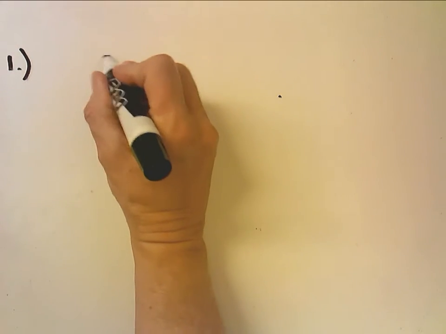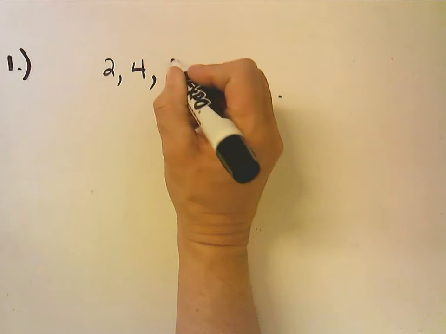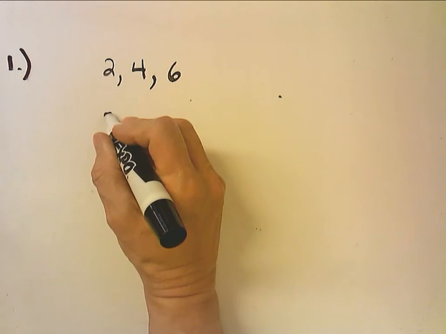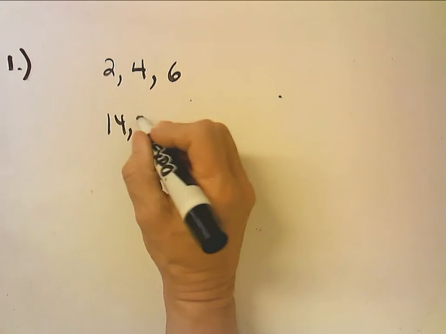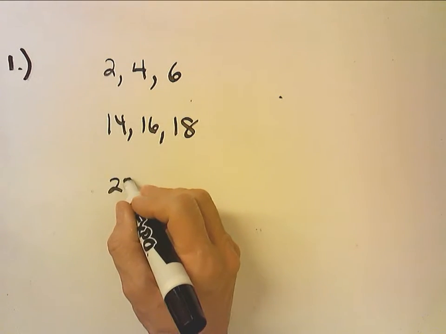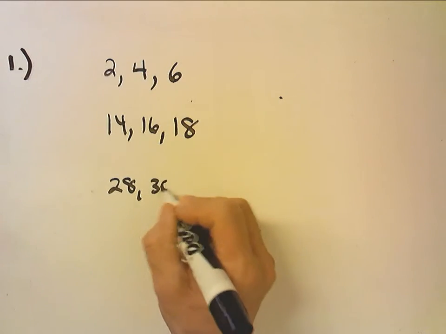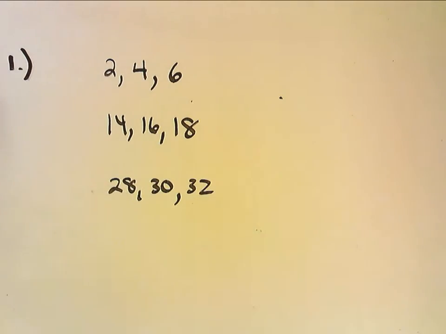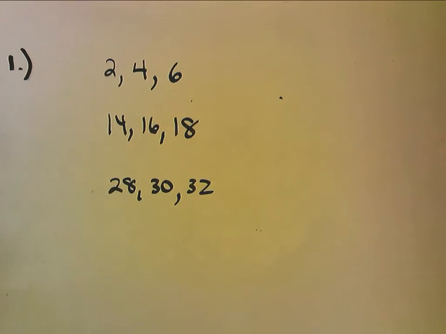Now, let's think about consecutive even integers, like 2, 4, 6, like 14, 16, and 18, like 28, 30, and 32. Those are all examples of 3 consecutive even integers.